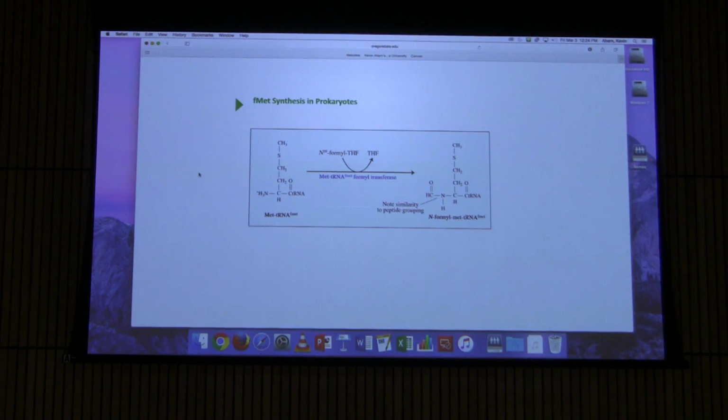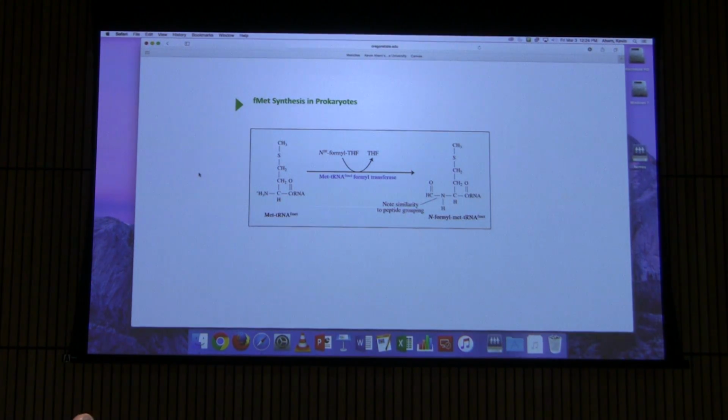How does the formyl group get onto there? Remember that we have a charging reaction, right? The aminoacyl tRNA synthetase catalyzes the addition of methionine to the appropriate transfer RNA. After that methionine has been placed onto that transfer RNA, there's another enzyme that puts the formyl group onto it. So the formyl group is added after the tRNA has been charged.